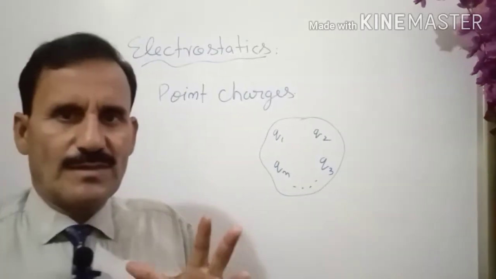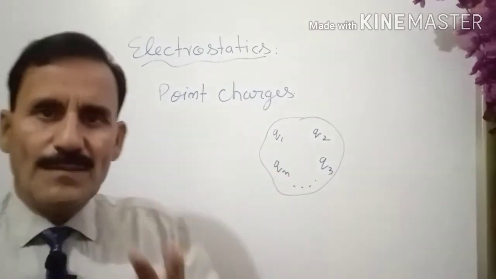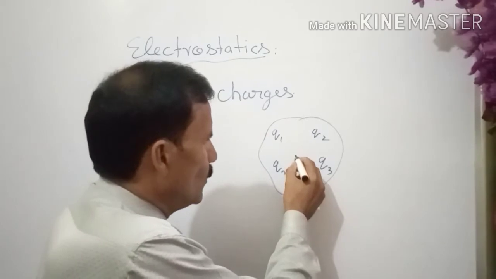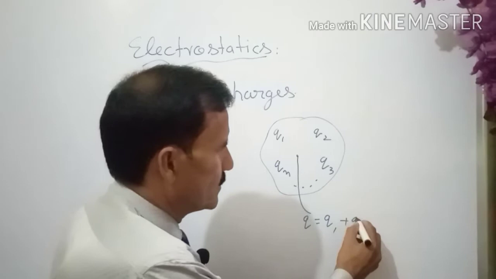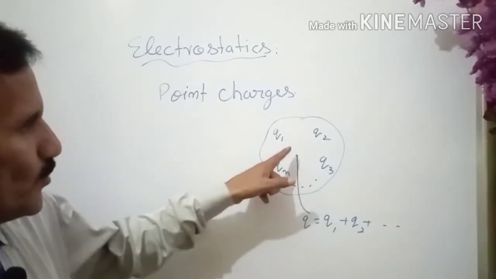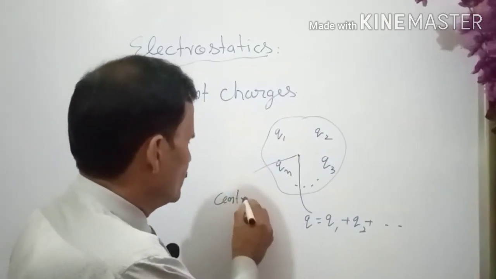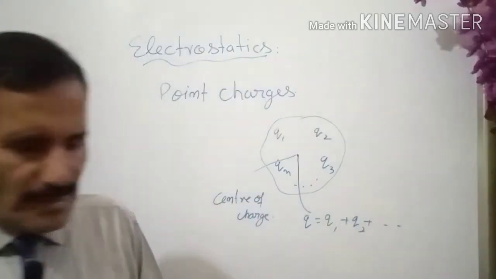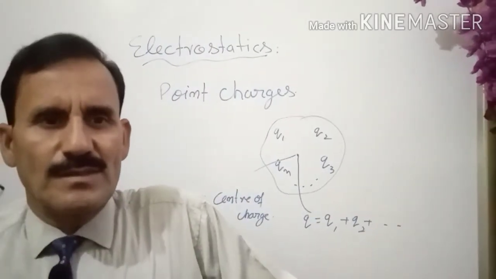The hypothesis is that all these charges can be supposed to act at a point somewhere inside, where the magnitude of charge is equal to the algebraic sum of these charges, and that point is called the center of charge.